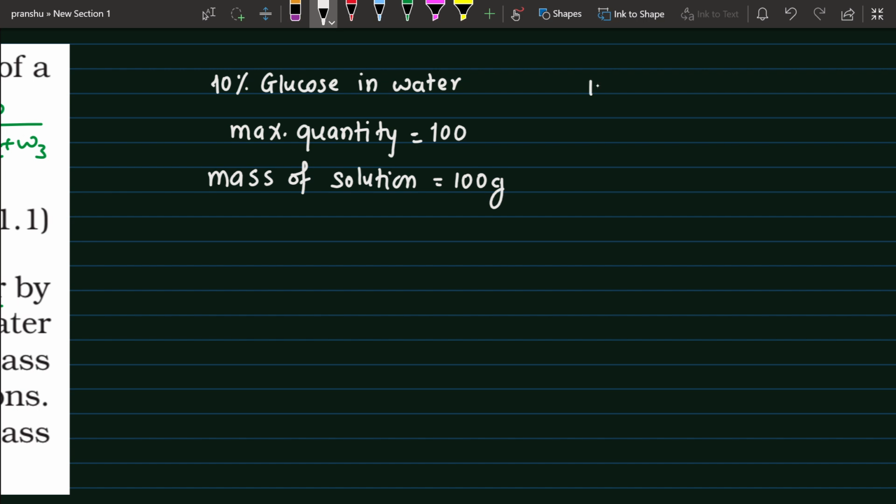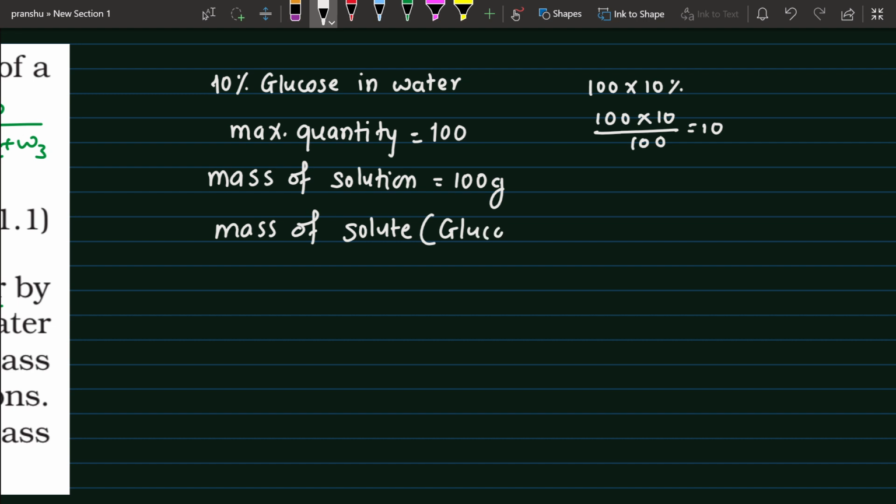Now as we know how to calculate the percentage, 10% means 100 into 10 divided by 100, which is equal to 10. So mass of solute, glucose, is equal to 10 gram.